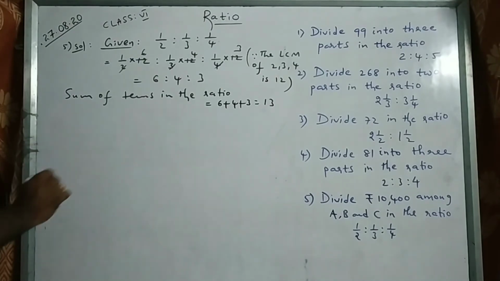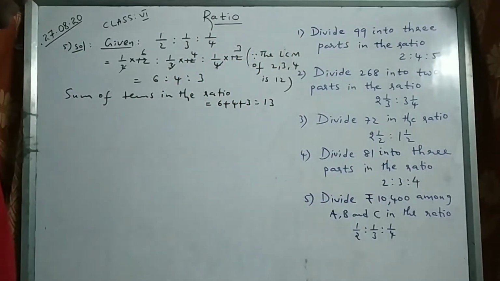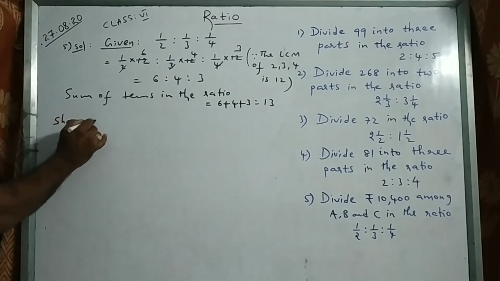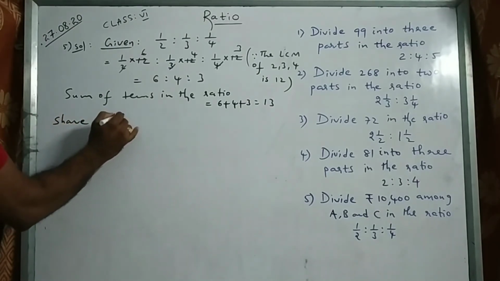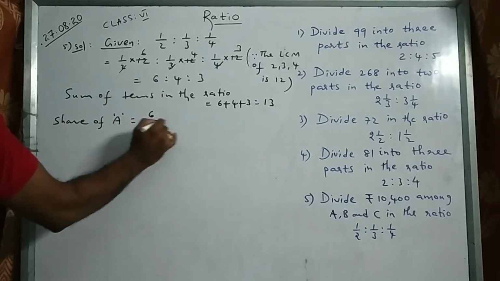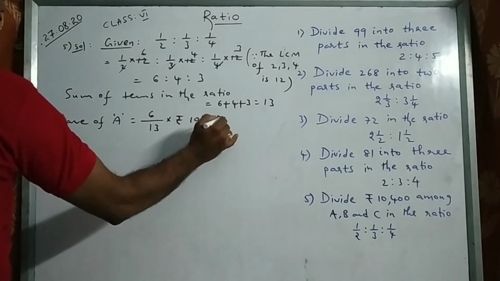Now, I want to divide this 10,400 rupees among A, B and C. So, share of A, how much A gets? Share of A equal to A parts, how many we have here? 6 upon total parts 13 into rupees 10,400. Is that clear?